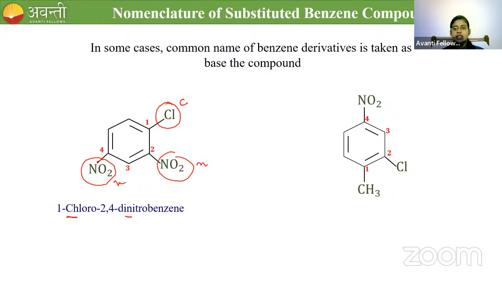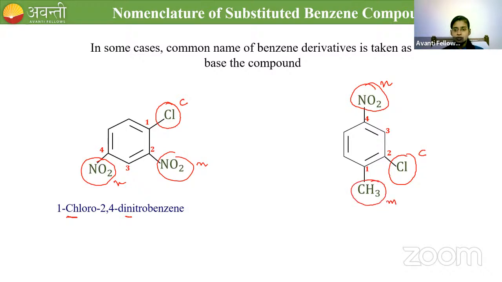Can you tell me the name of this compound? So NO2 is nitro. Cl is chloro. And CH3 is methyl.